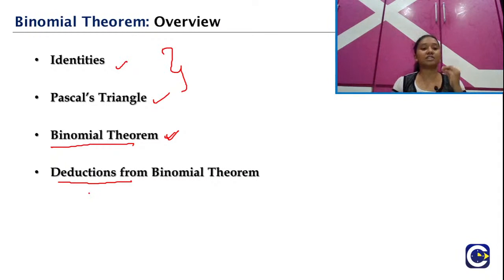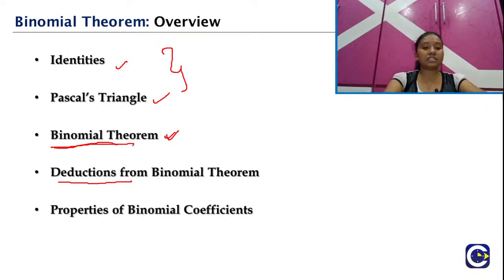We have to use the general binomial theorem which we'll be learning, and then using that we'll be dealing with some deductions from it. After the deductions from binomial theorem, we are going to discuss the properties of binomial coefficients. Here we'll see what these coefficients are and all.